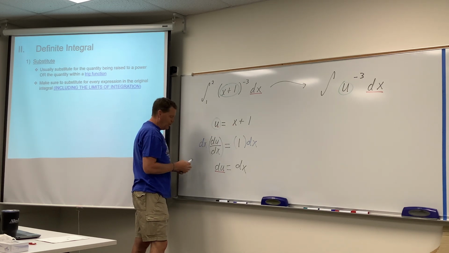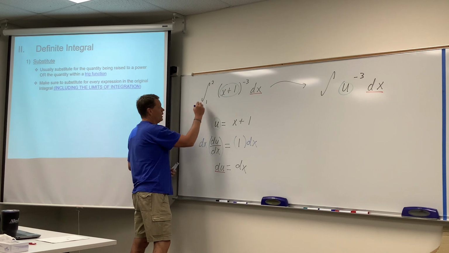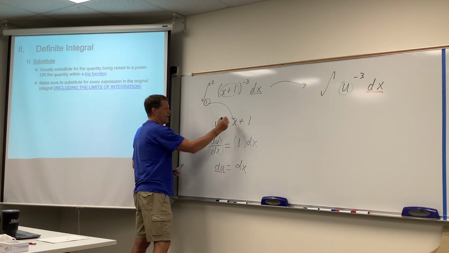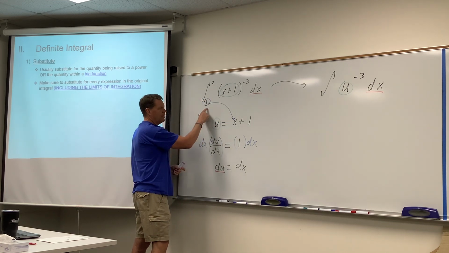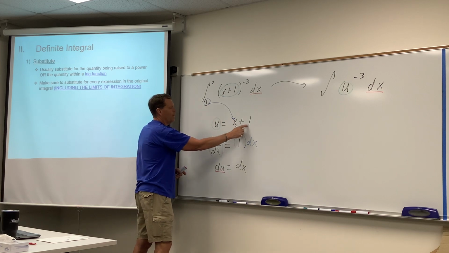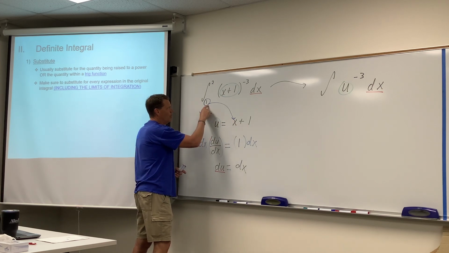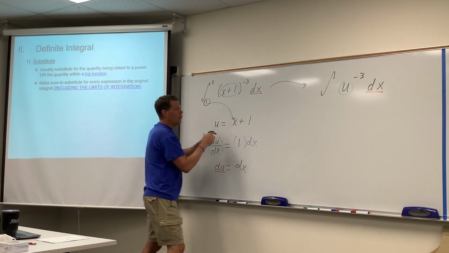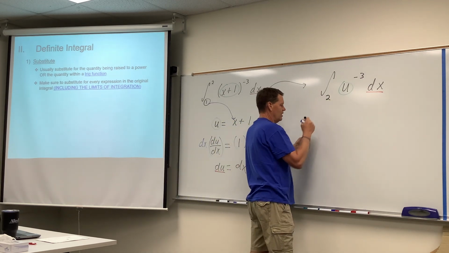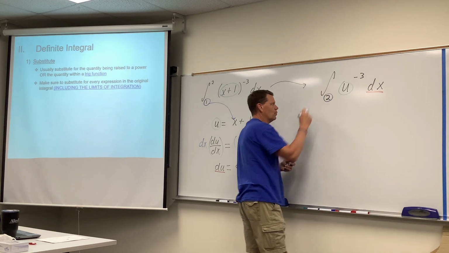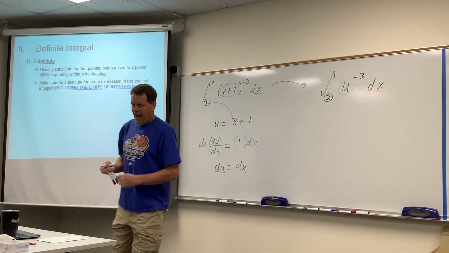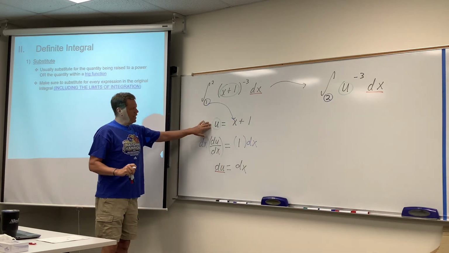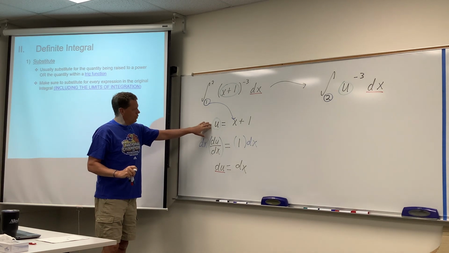So the idea here would be that we will take this 1 here and put it in there for x. 1 plus 1 is 2, so that lower limit of integration in the original integral, when you put 1 in for x, 1 plus 1 is 2. So when x is 1, u would equal 2. So you notice this changes over here to a 2. So we're substituting everything, and everything gets replaced off of that original integral right there.